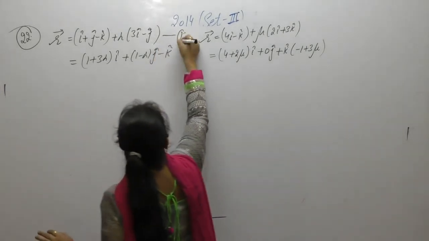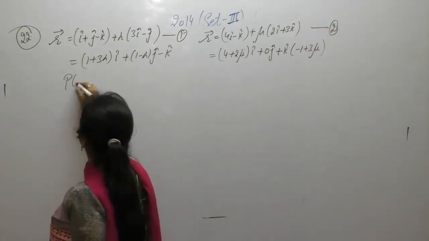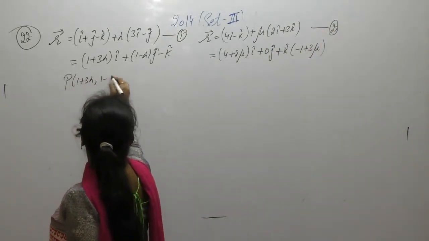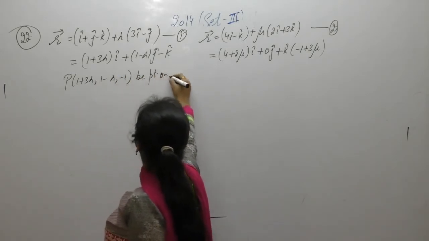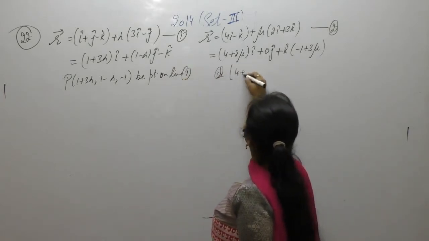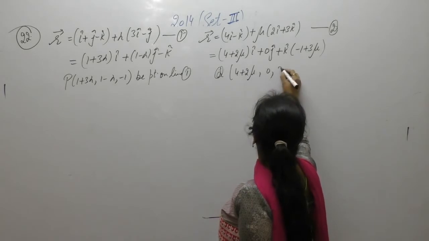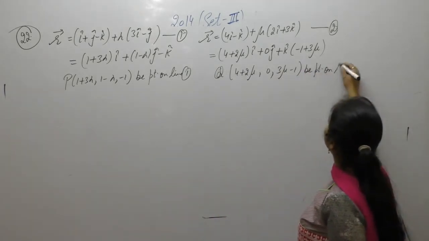Let this line be 1 and this line be 2. P be the point (1 plus 3 lambda, 1 minus lambda, minus 1), a point on line 1, and Q as (4 plus 2 mu, 0, 3 mu minus 1), a point on line 2.